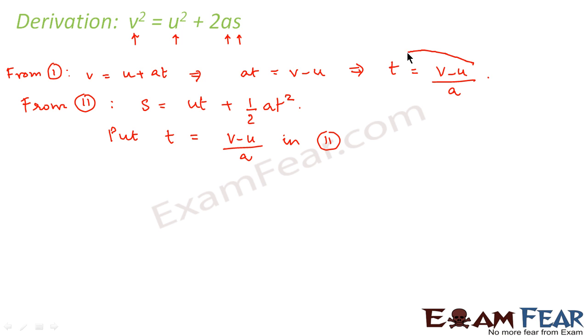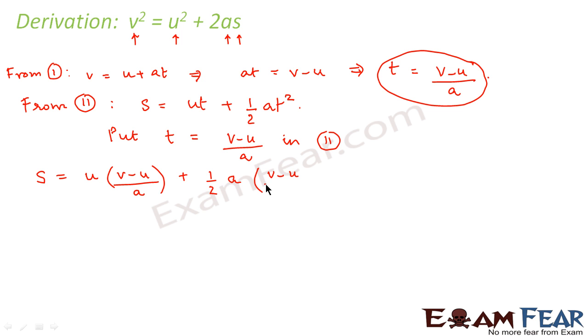That is, we will put this value in equation number 2. So what do we get? We get s is equal to u into v minus u by a plus half a into v minus u by a whole square.